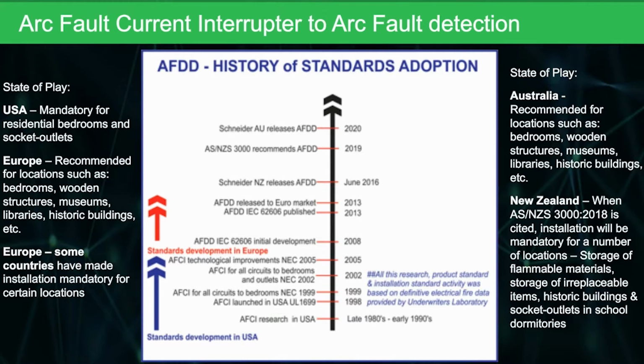So New Zealand people on the line probably have some experience with the AFDD. In Australia, for the most part of the revision of the 2007 edition of the wiring rules, the AFDD was included as an accepted safety protection device.